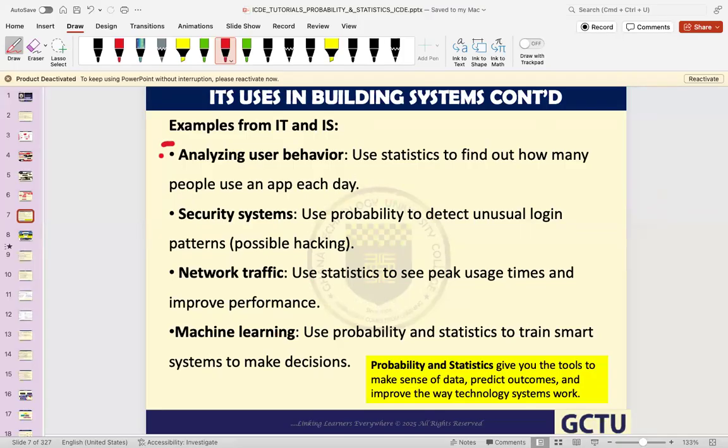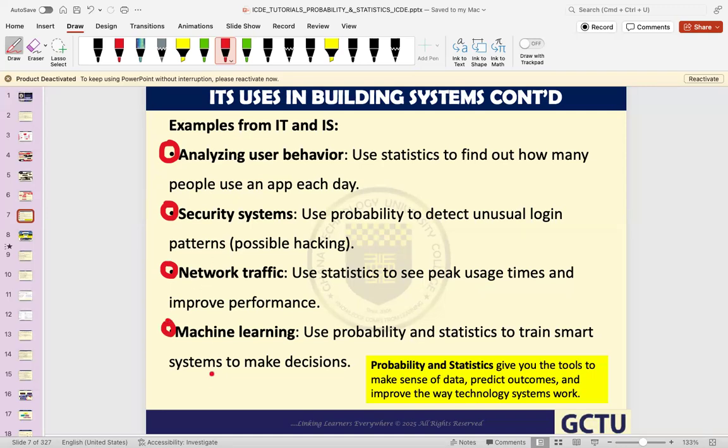Sometimes you'll be taught how to analyze user behavior. You'll also be taught how to understand security systems. You'll also be taught how to understand network traffic, and then how machine learning is also used.